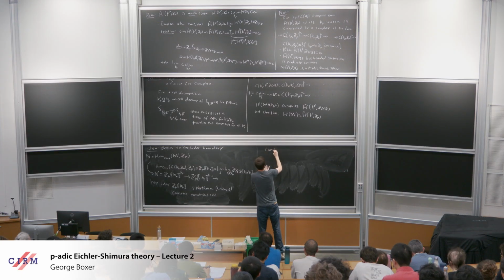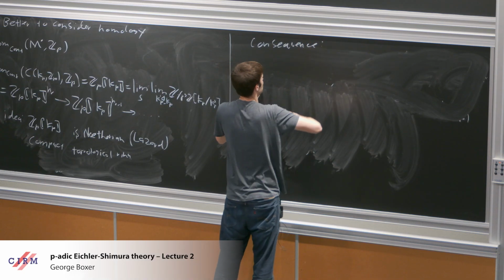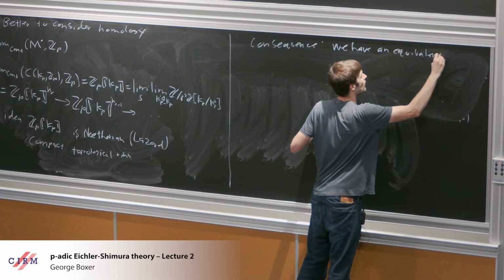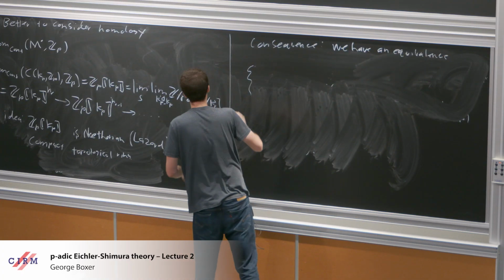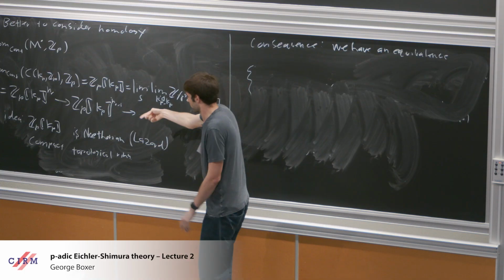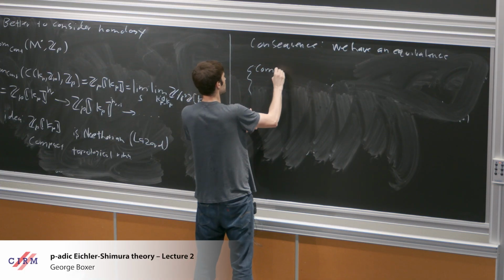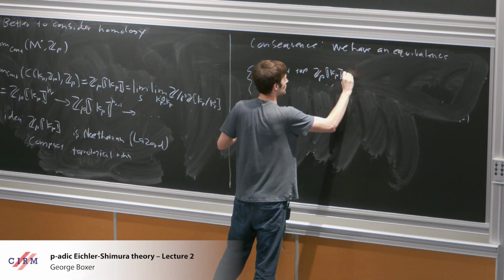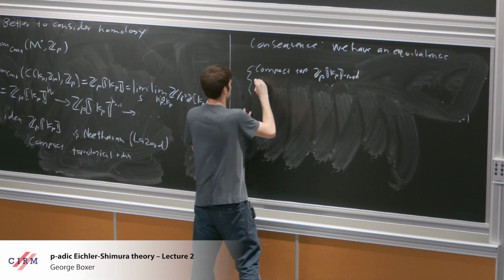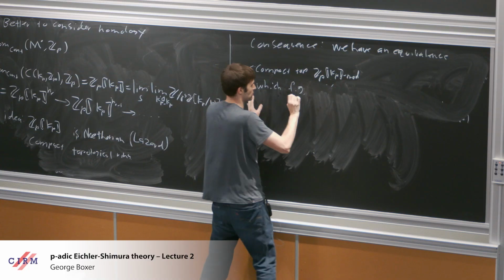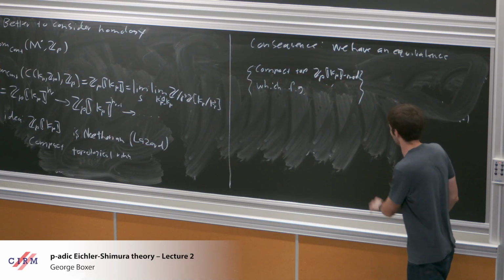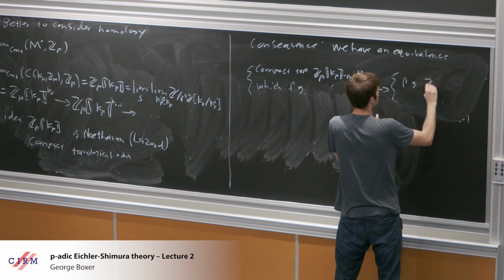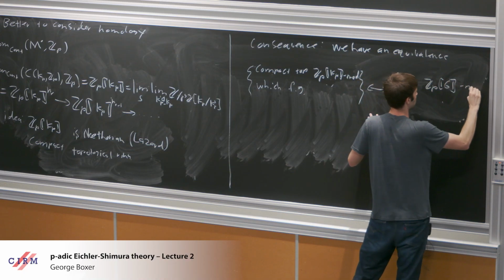So the consequence is that we have an equivalence between some category of topological modules over this ring with continuous maps, so compact topological Z_p[K_p]-modules, which are finitely generated in the usual commutative algebra sense, and the category of finitely generated Z_p[[K_p]]-modules.